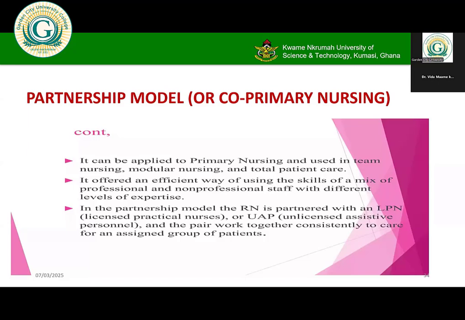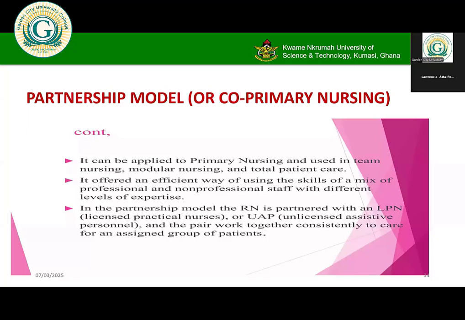In team nursing, we are all a team. But with this one, you can be partnered with professional or non-professional nursing. These are the pairs, and the pair work together consistently. In team nursing, we are all in one team, but with this one, my partner is you. We are not a team, but my partner is you.